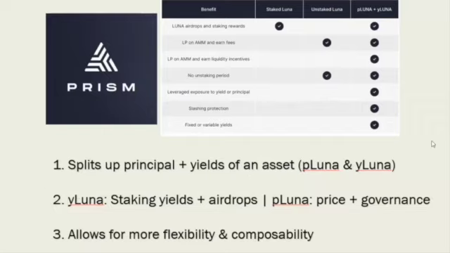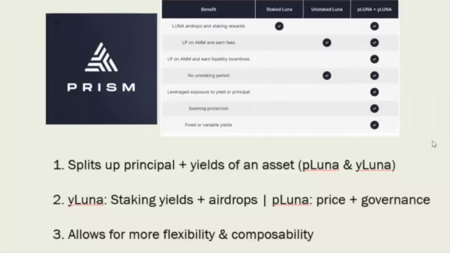So this can be very interesting because let's say I am more interested in dividends. I don't care so much about the price. I can actually break up my Luna and swap my P Luna to Y Luna to get even higher staking yield and higher airdrops. Or alternatively, I can use my Y Luna as collateral on a money market to borrow money.